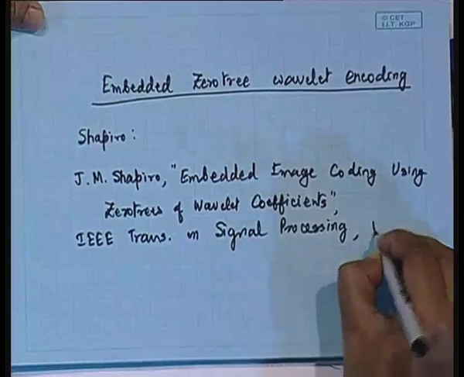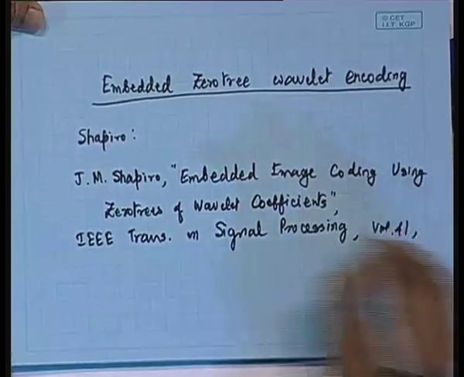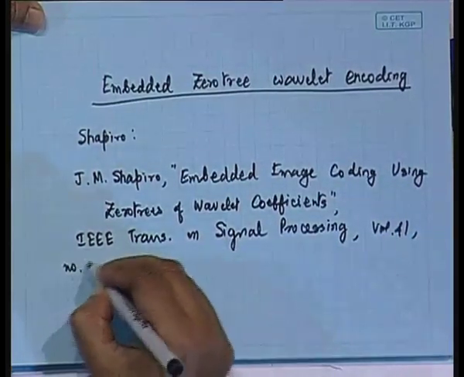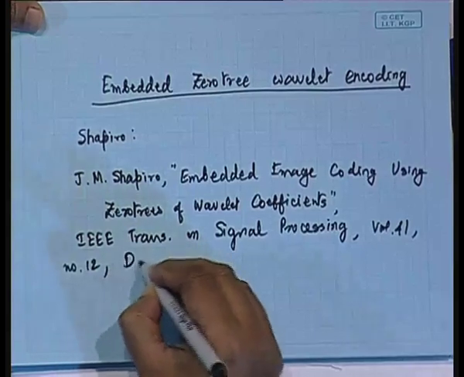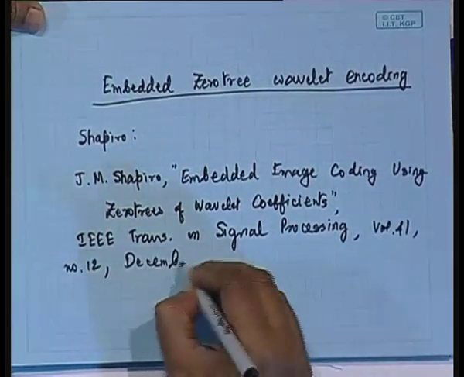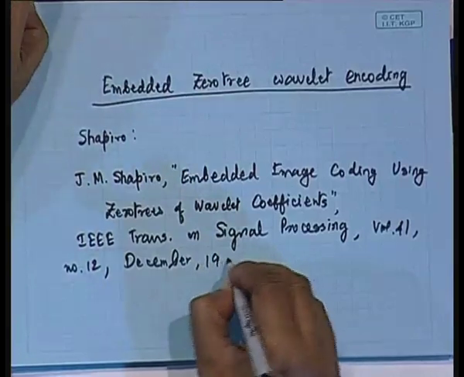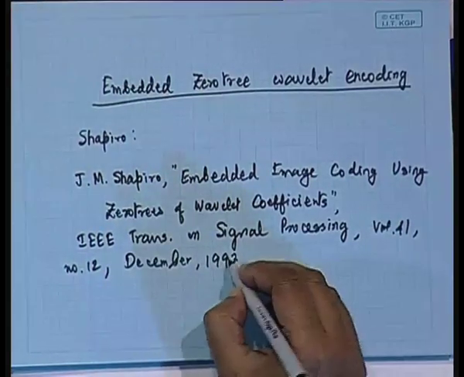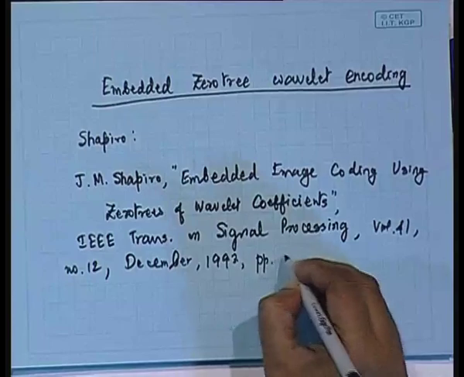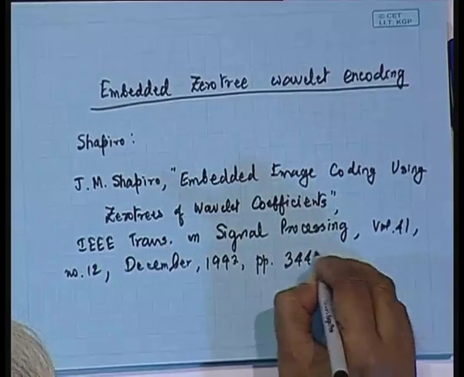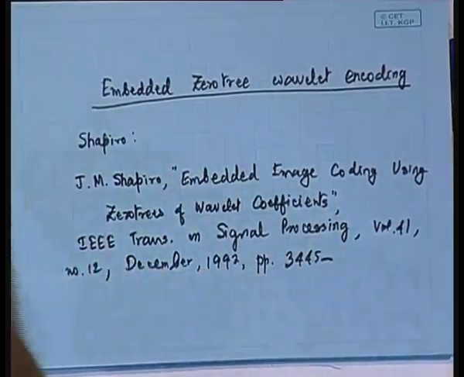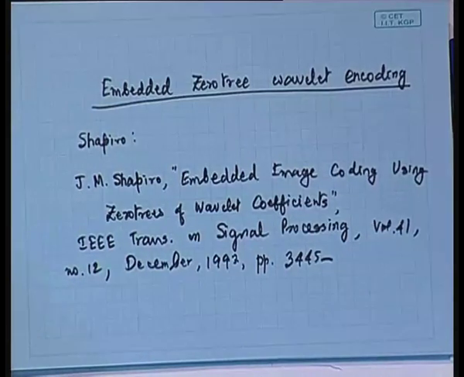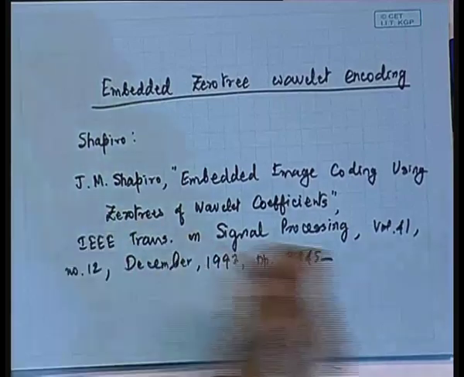You can find it in volume 41, number 12, December 1993, and the page numbers are 3445 up to, let me tell you the last page of the paper, it is 3462.